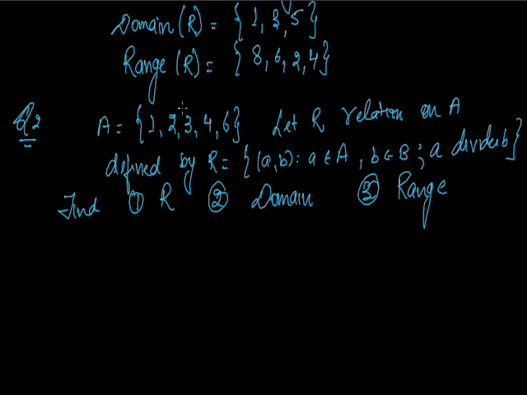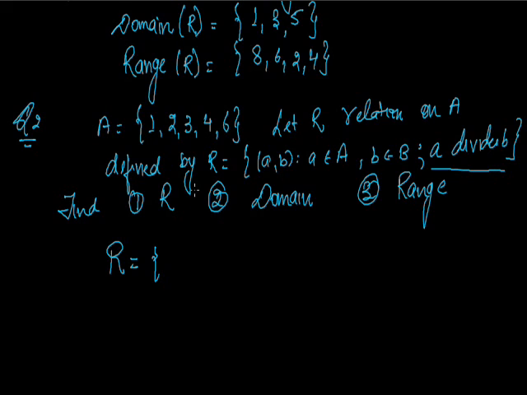Let's do that question. In this question the relation is not given, so we have to make the relation first, in the form of a set of ordered pairs, and then we will find the answer. It is given that a divides b, so element a divides element b.